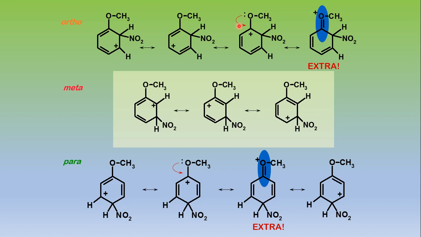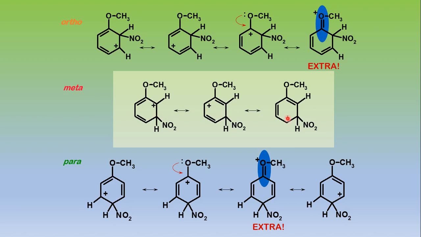Now it goes here and forms another resonating structure, which is the 4th resonating structure. So a total of 4 resonating structures are present here, and this is an oxonium ion, which is the most stable ion. Okay, this is very stable. So we obtain these 4 types of resonating structures.